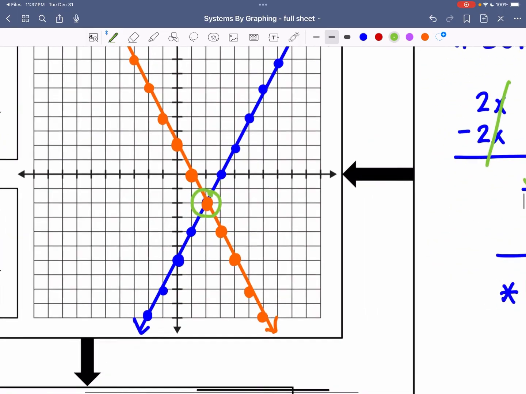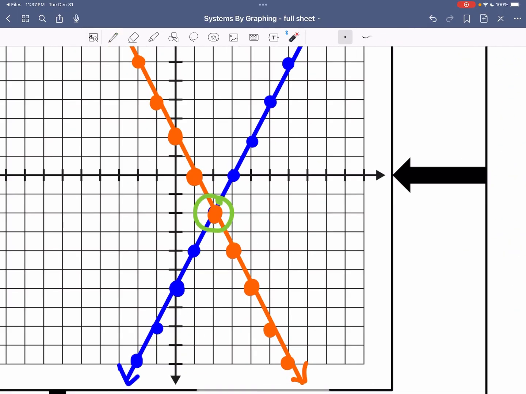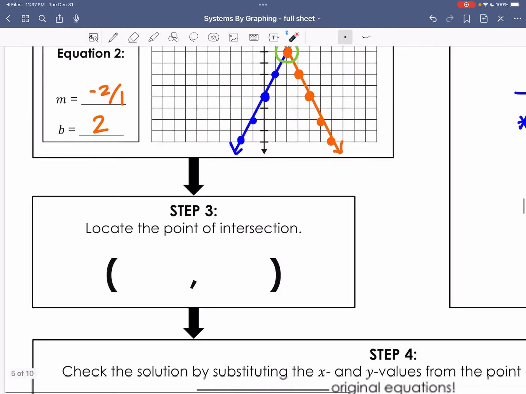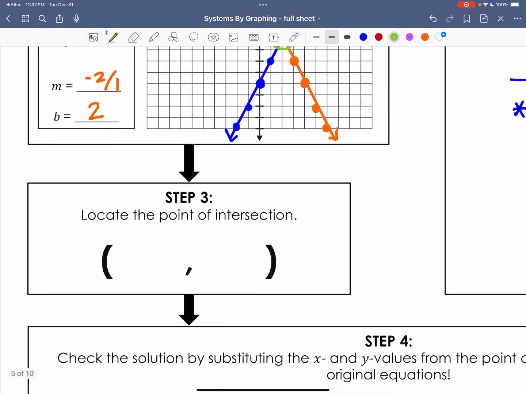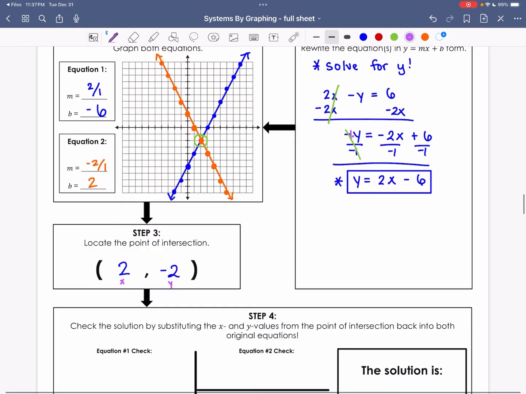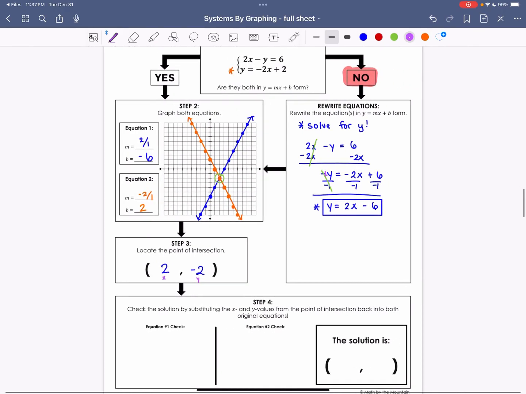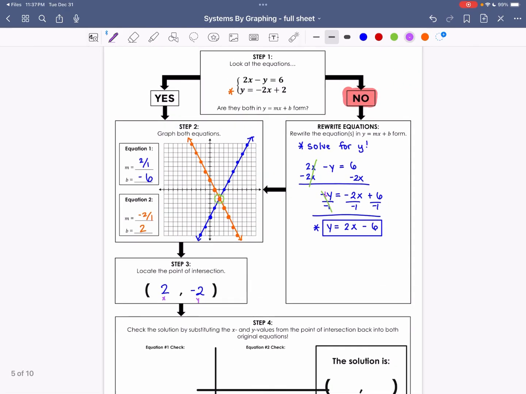All right, so zooming in, this time our intersection is 2, negative 2, because starting at the origin, you have to go forward 2 and then down 2. So again, 2 and then negative 2. This is our x and our y value. And doing our check, remember we always go back to the original 2 equations, not using one of our rearranged.